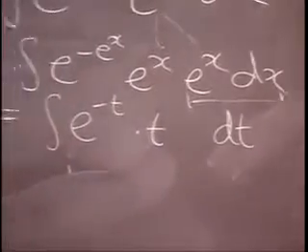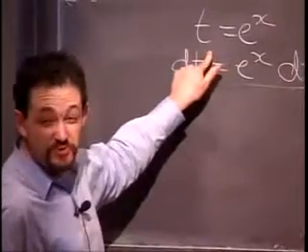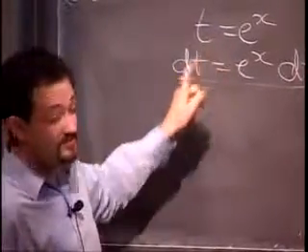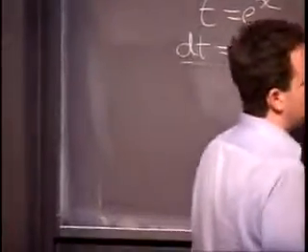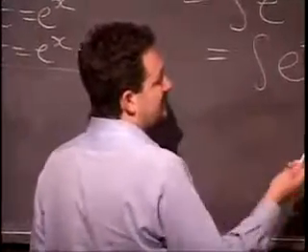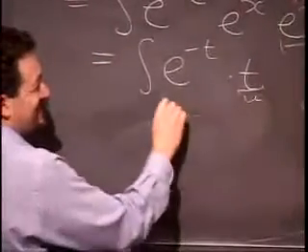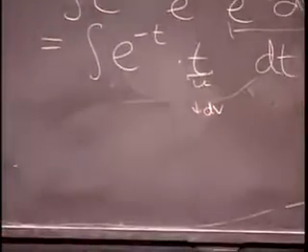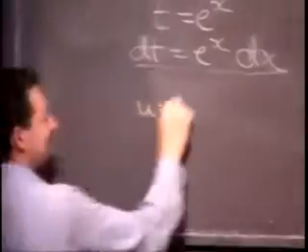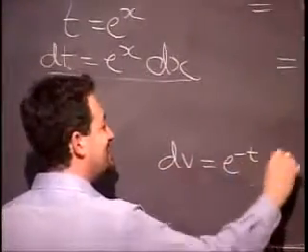To integrate by parts, and this is why, by the way, I like to use t instead of u for my variable for substitution, because now I'm free to use my favorite variables u and v to integrate by parts. So let t be equal to u, and e^(-t) dt be dv. So u is t, and dv is e^(-t) dt.